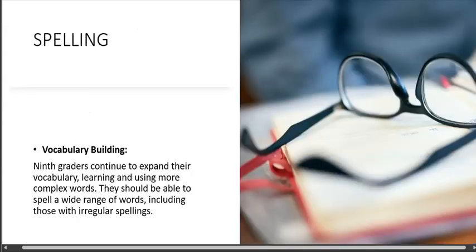Right now, we'll move to something known as spelling, and I will talk about everything we need to know in spelling. One is vocabulary building. Here we will continue to expand our vocabulary. Each and every time we are learning, I want us to have a vocabulary corner in our books.